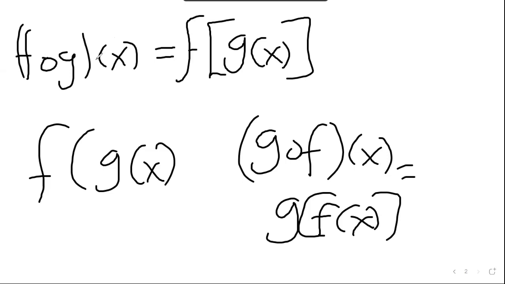So now we are asked to find f of g, meaning that we have to start by finding g of x, and then after finding the value of g of x, we are going to replace whatever we get here in the function of f.